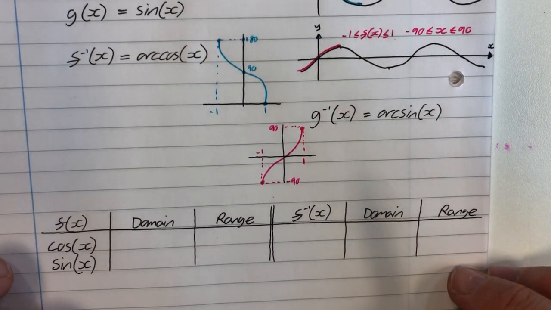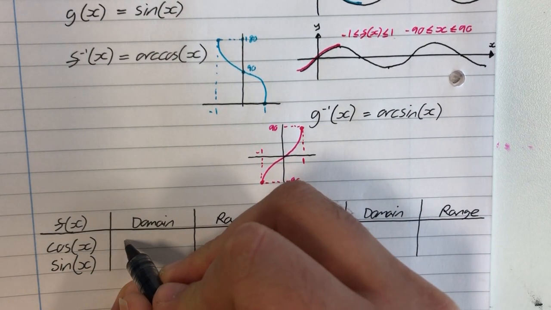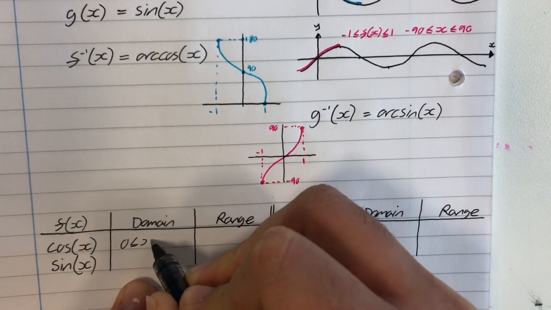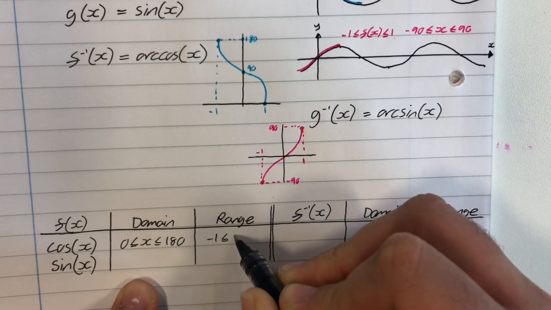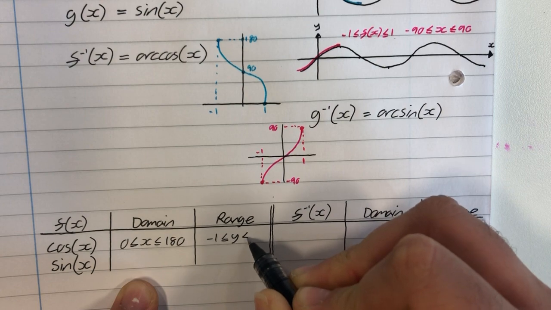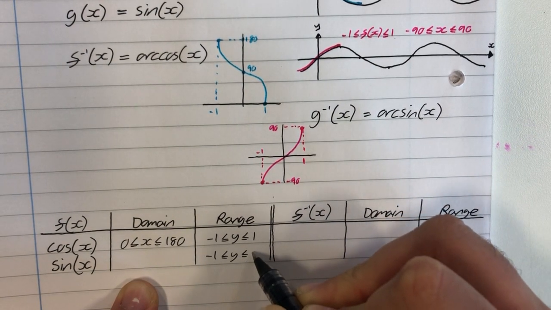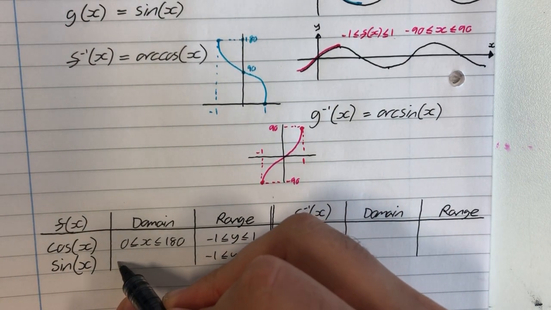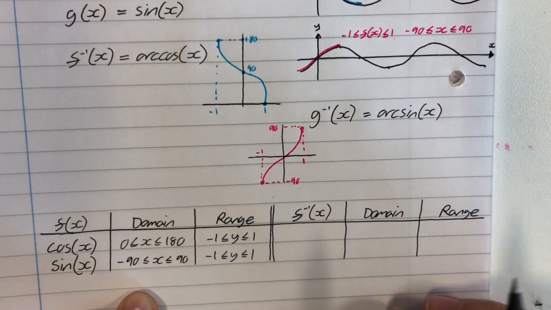Just to summarise then the domain and the range. So the domain of cos was between 0 and 180, and the range was between -1, I'll put y there, and 1, and the domain of sine was between -90 and 90.